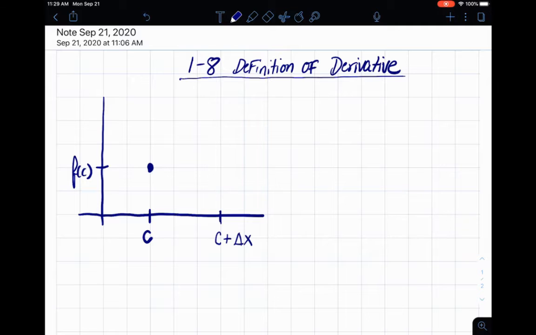Okay, so that would make, if we had another point up here, its y value f of c plus delta x. And remember, delta x is just some change in x. All right, so then we have a curve.